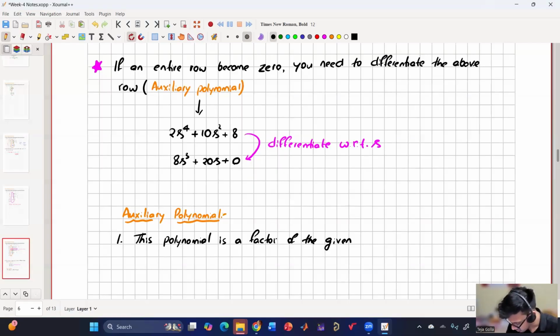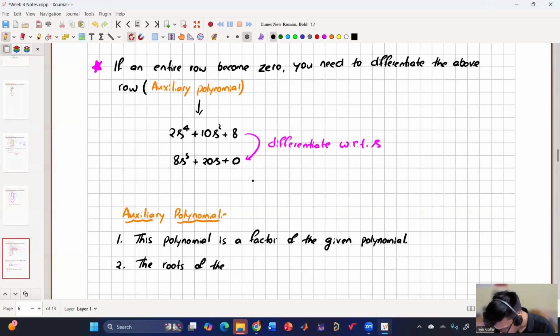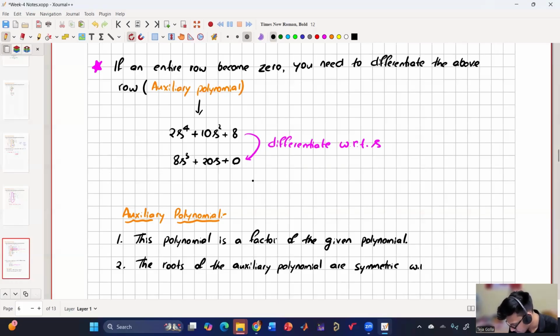So this polynomial is a factor of the given polynomial, and also the roots of the auxiliary polynomial are symmetric with respect to origin.